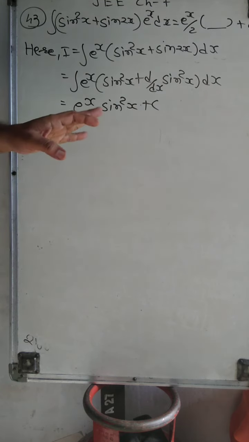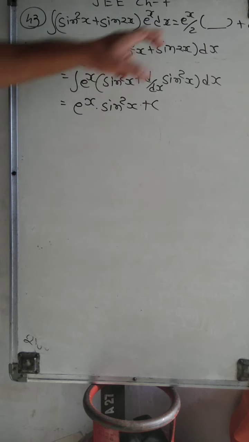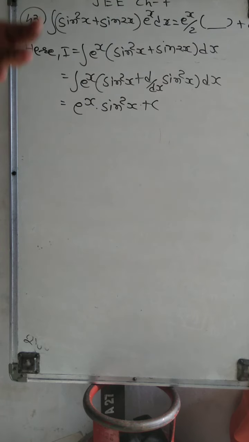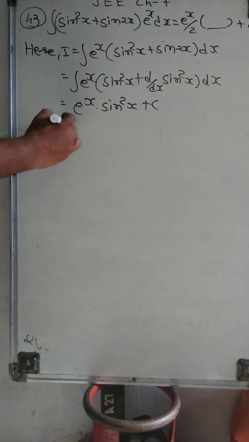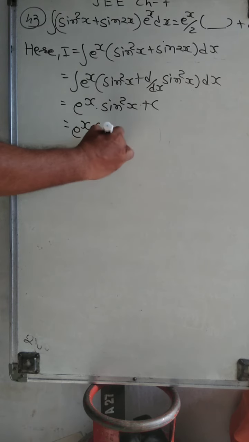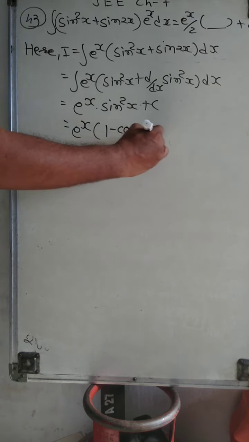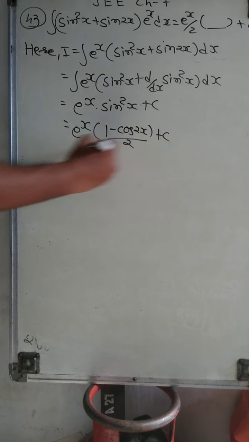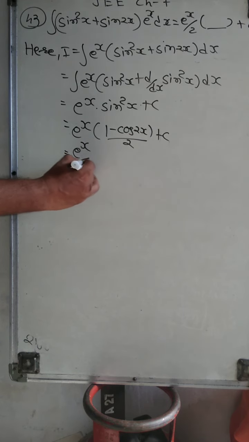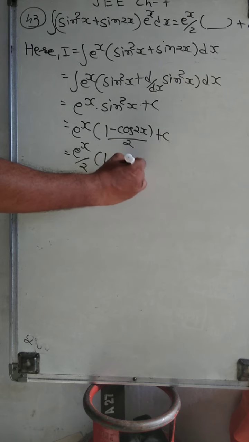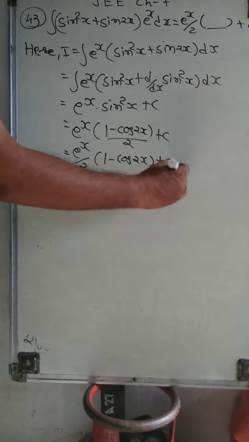Now ultimately the answer is obtained, but here a 2 is there. So we just simplify this: sin²x into (1 - cos 2x)/2 plus c. If you see that, e^x by 2 into (1 - cos 2x) plus c.